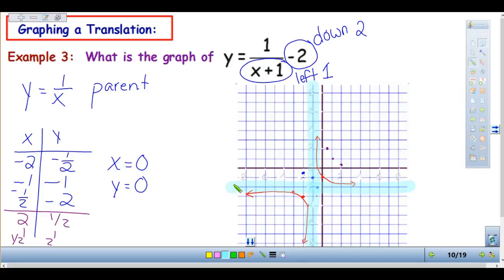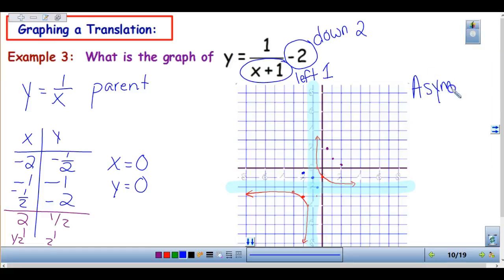Okay, so a lot with this, we're going to practice a lot more today and then also next week. So here's your graph. So let's talk about the asymptote. You know what it is? They come from how you move it. I moved it 1 to the left, so instead of being at 0, it's left 1, so that's -1.